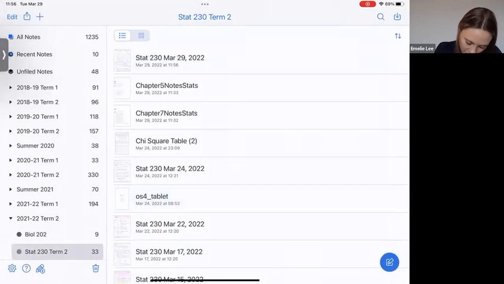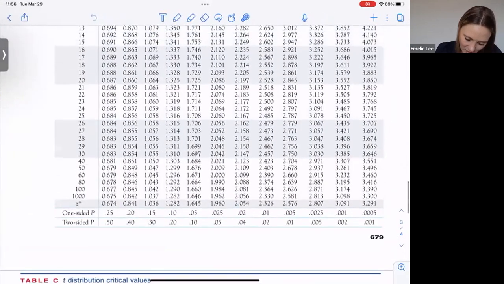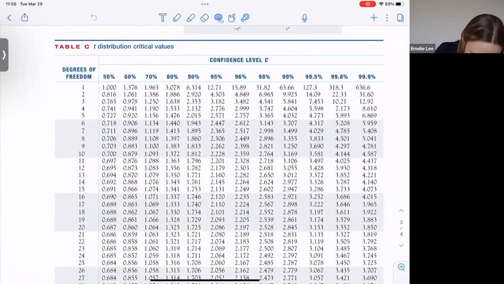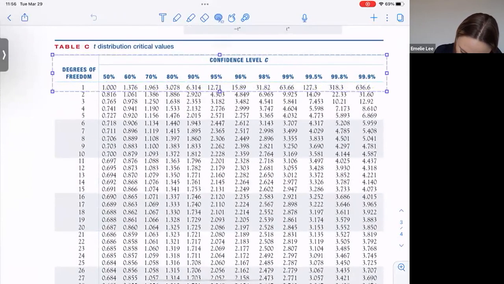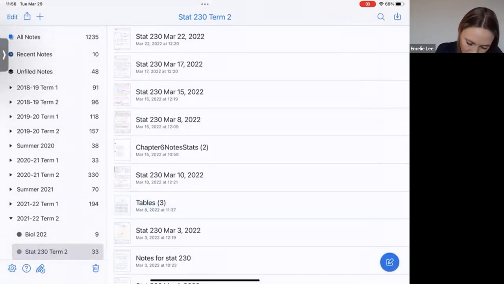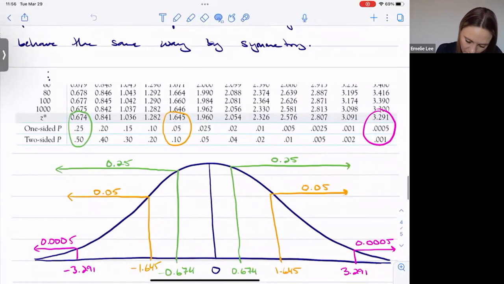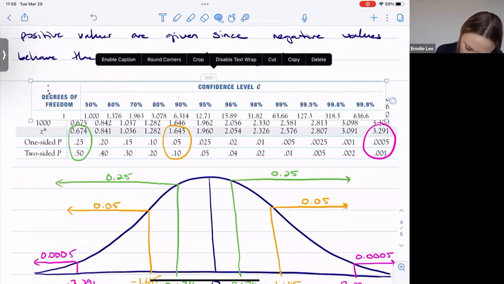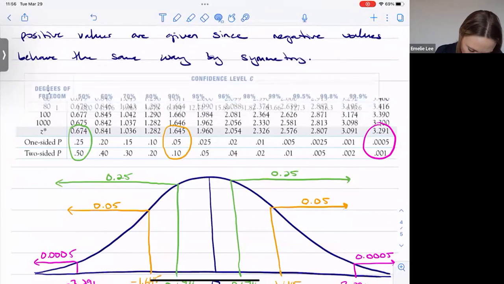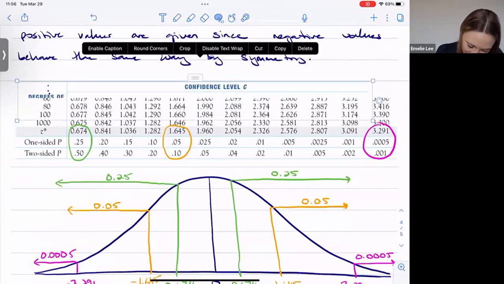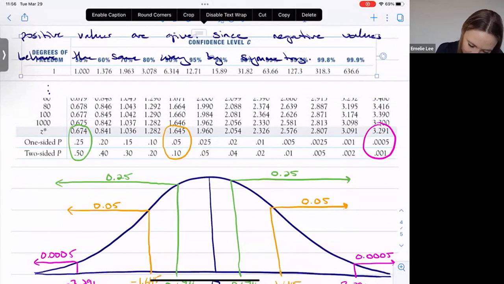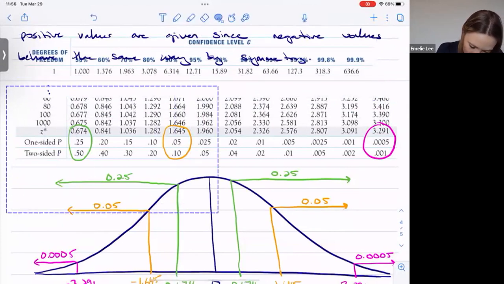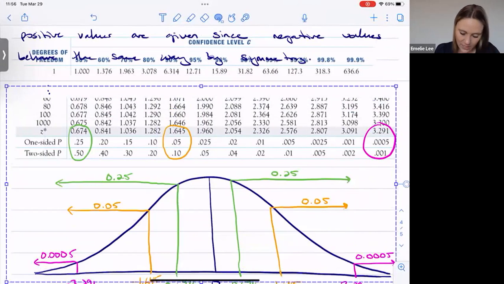If I had kept these, maybe I'll overlap them, paste. Let's see if I can move all of this down.